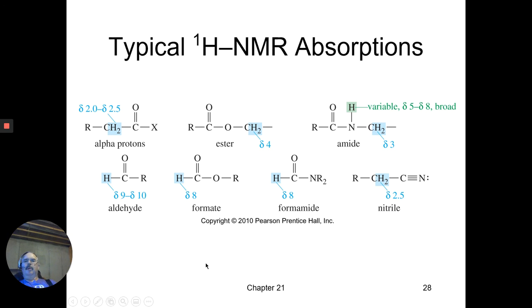Okay, what about proton NMR absorptions? For comparison here, alpha hydrogens will show up at about 2 to 2.5, whereas ether hydrogens will show up at about 4.